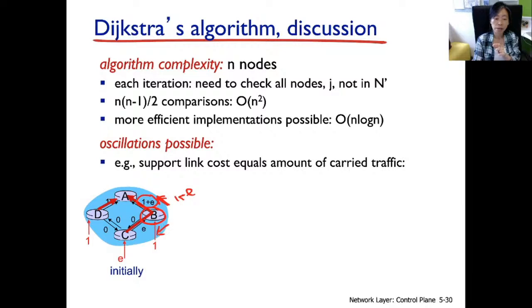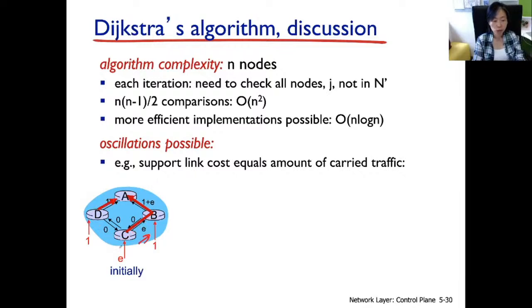If we take the other path, B, C, D, A, the path cost is the sum of the link costs, 0 plus 0 plus 1. So if we take the clockwise path to go from B to A, the cost is only 1. And this is 1 plus e, therefore B is going to choose to go this way to send traffic to A.